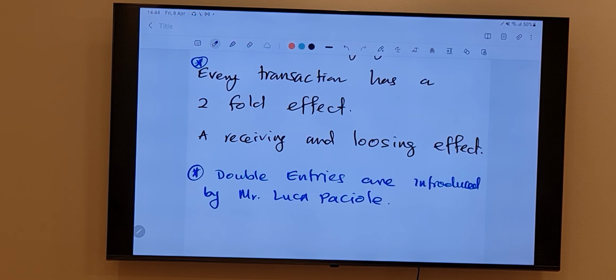Much longer before Luca Pacioli, someone had spoken about double entry. What's his name? Abu Tanmia? Before Luca Pacioli? Yes, but that never came out. An Arabian man? Yes, Egyptian. Long time back.